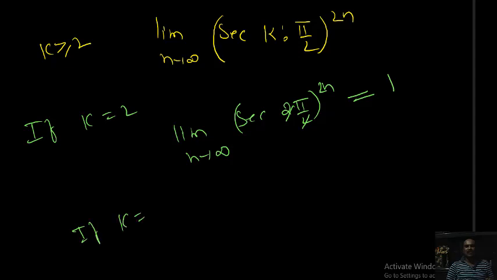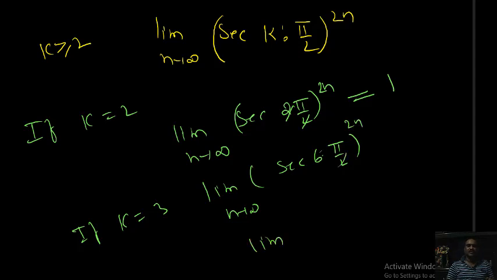If k is taken as 3, then the limiting value of secant of 3 factorial, 6, into pi by 2, power 2n, n tending to infinity. So the limiting value of this is 3 pi.